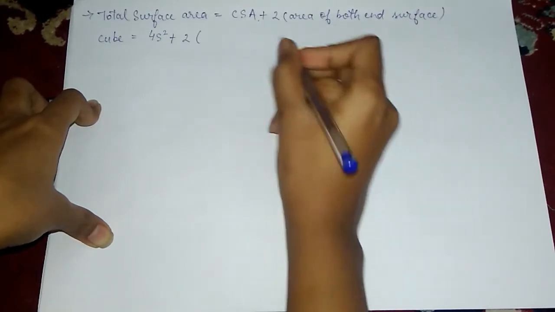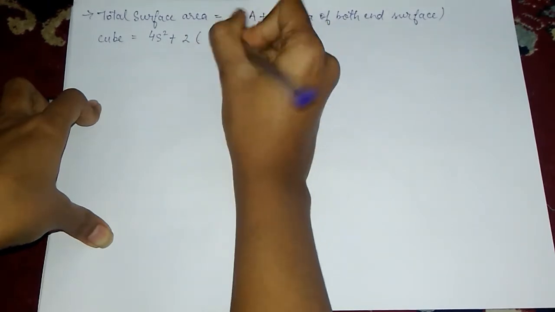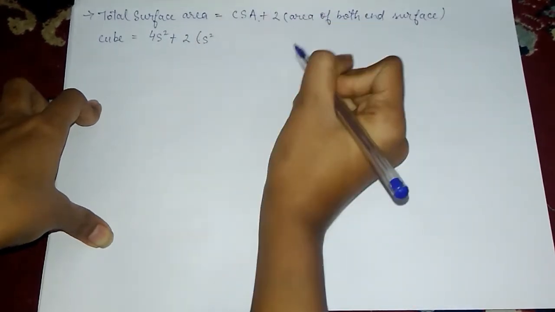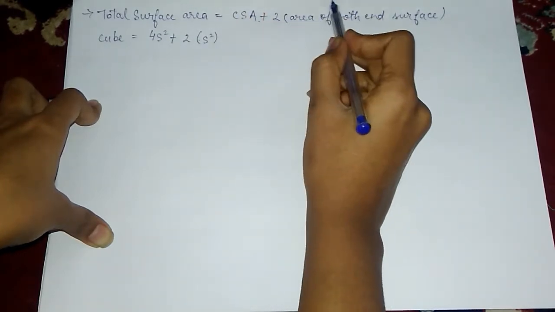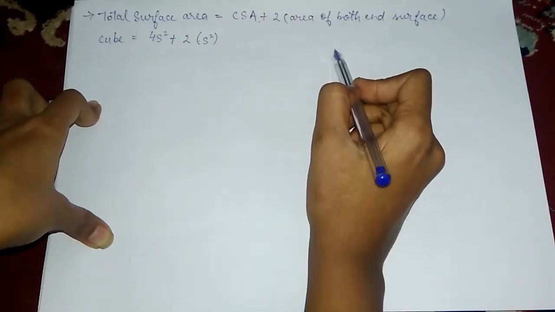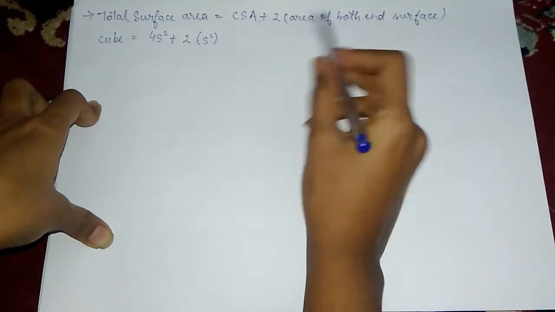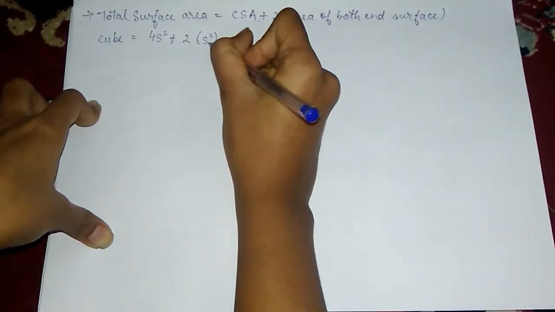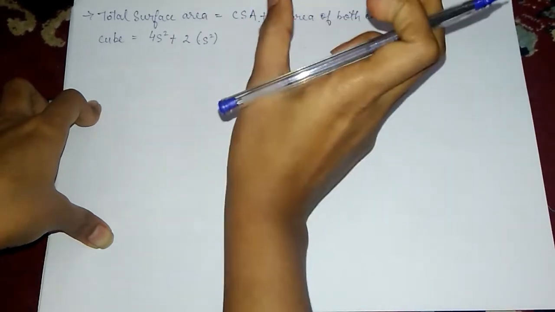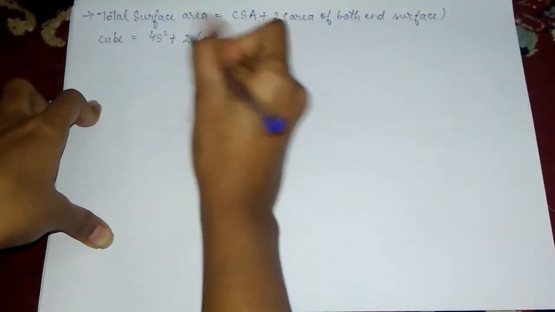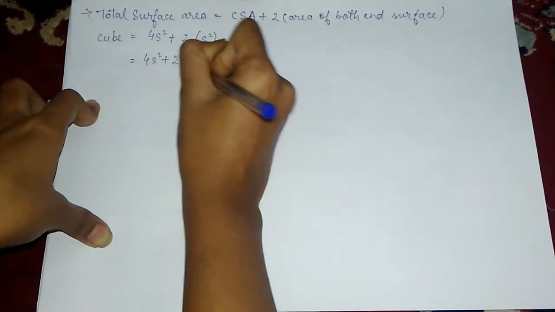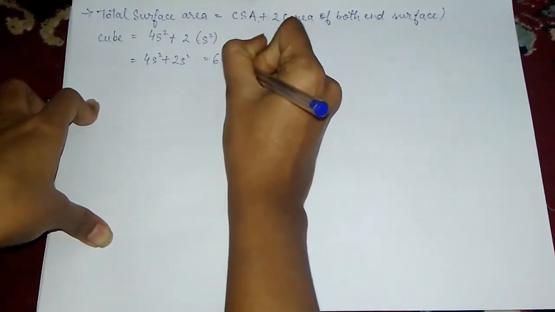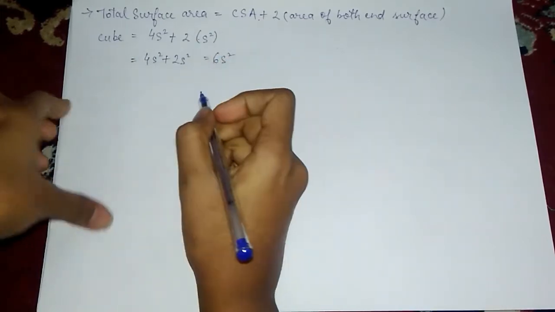So that means 2 into side square. 2 is for one is top and the second one is bottom, so that it is 2 for the both. And area of square is s square, so 2s square. So 4s square plus 2s square is equal to 6s square. This is the total surface area of cube.